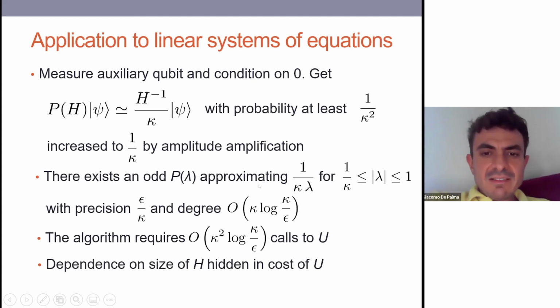So the required degree of the polynomial can be shown to be order kappa log kappa over epsilon. And then you see that we have an exponential improvement in epsilon because 1 over epsilon appears inside the logarithm.